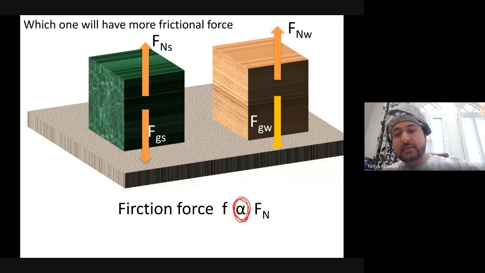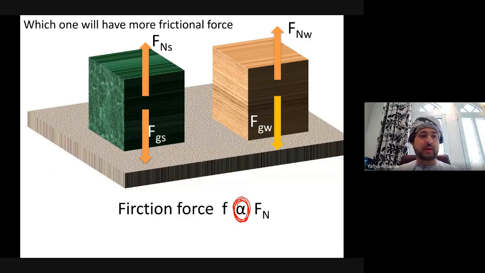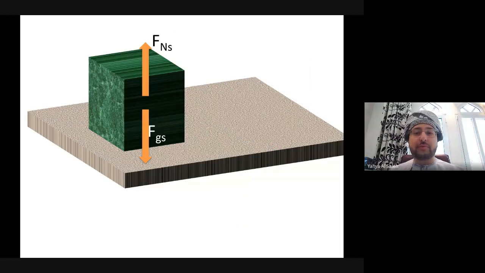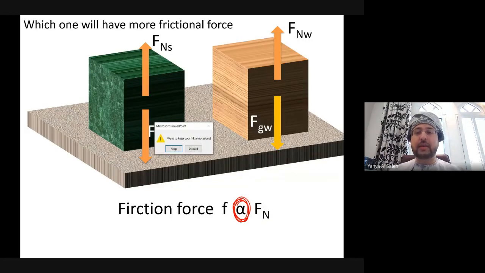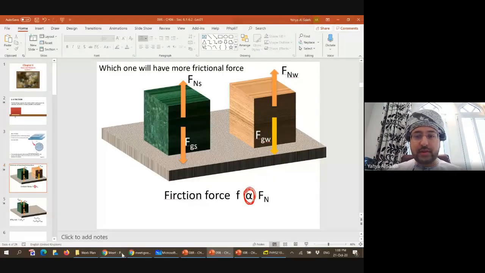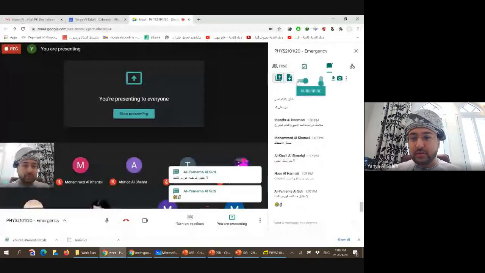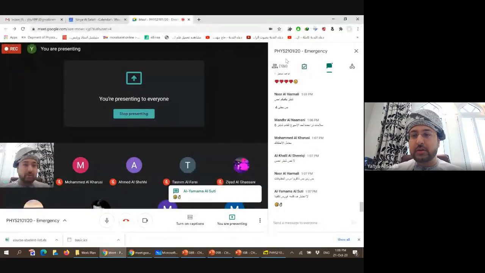This sign means proportional. Frictional force is proportional to the normal force. So whatever the normal force is, our frictional force is going to be directly proportional to that.